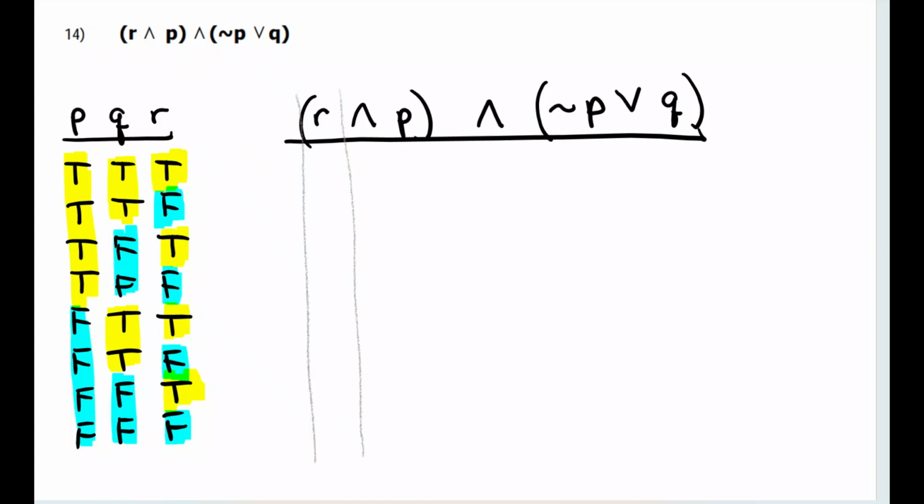So the R gets its own column. The AND gets its own column.